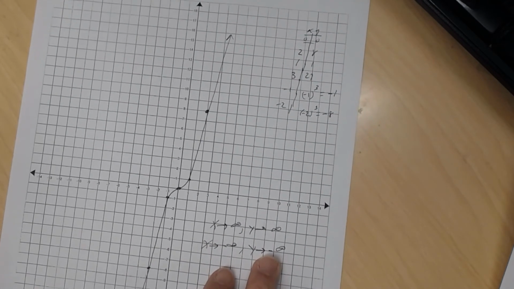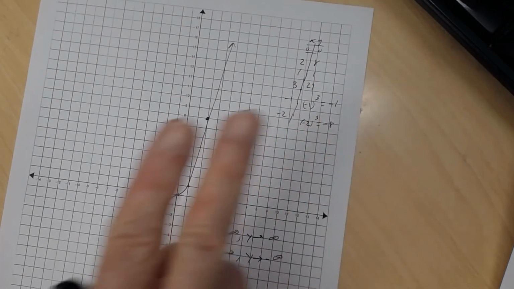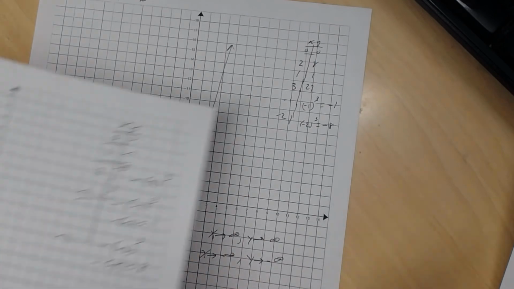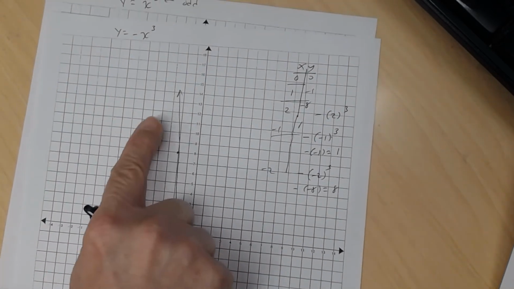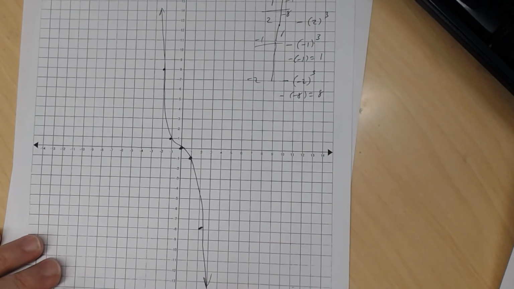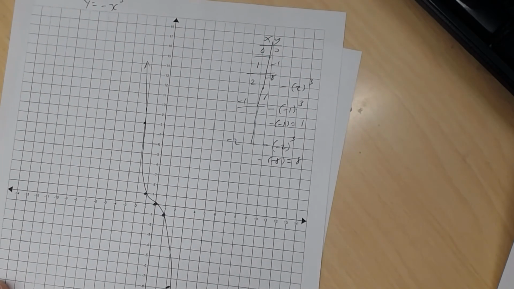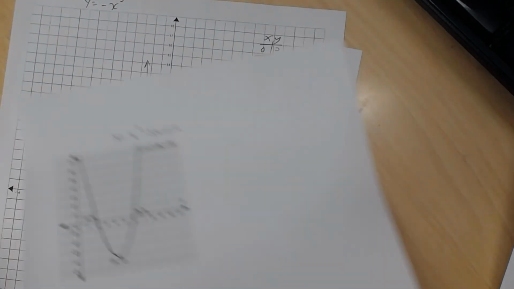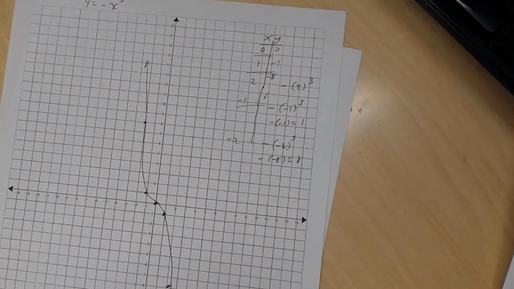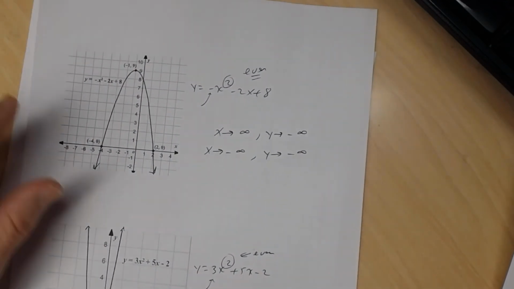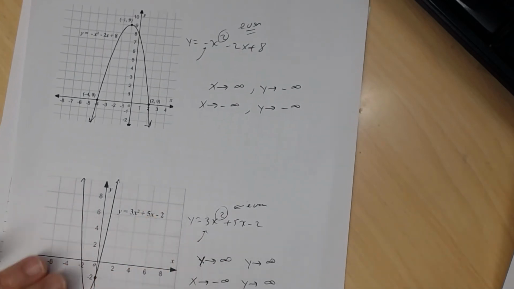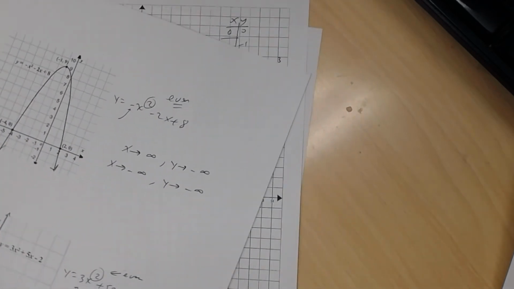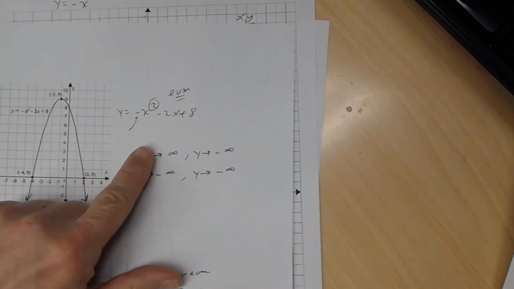If the degree is even, either they both fall or they both rise. That's easy to remember for even: think of your quadratic function.